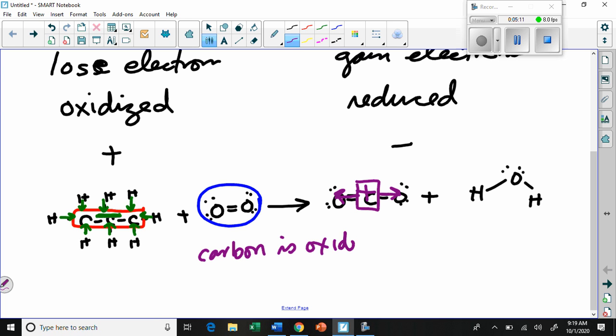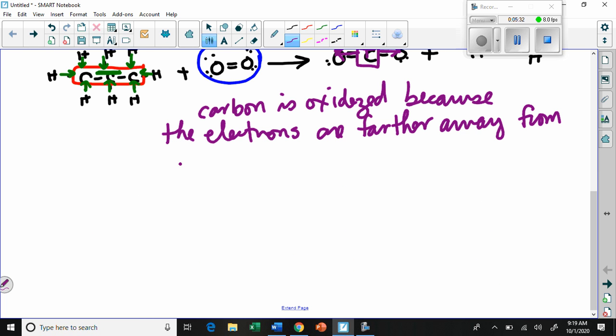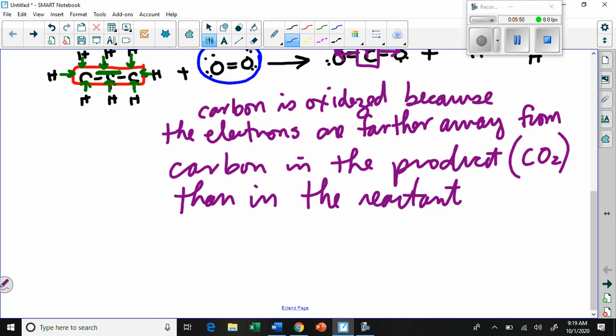He's oxidized, and we could say because the electrons are farther away from carbon in the product, the CO2, than they were in the reactant, which we would call, in this case, the propane, the C3H8.